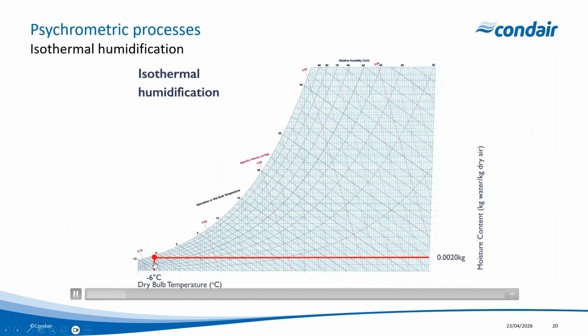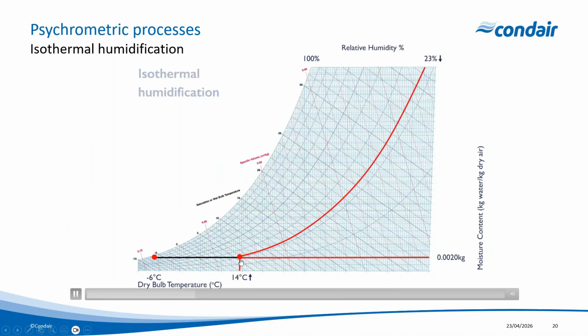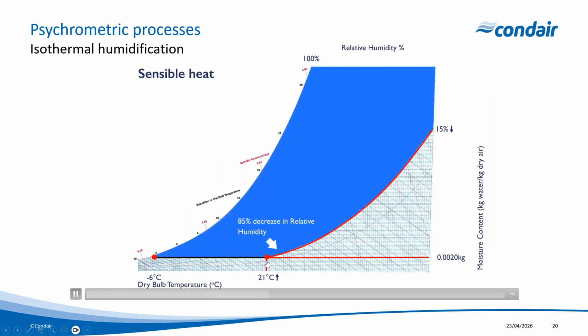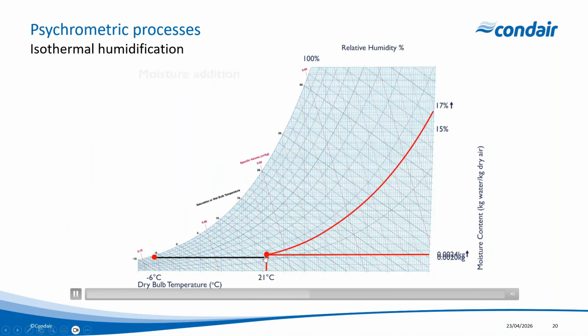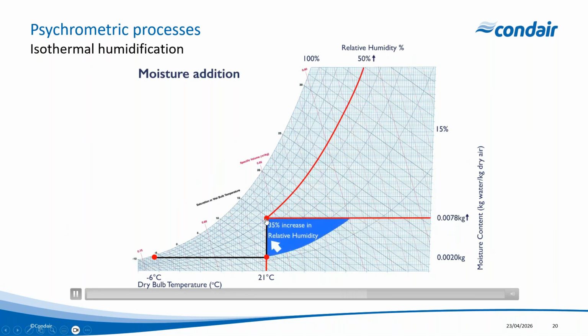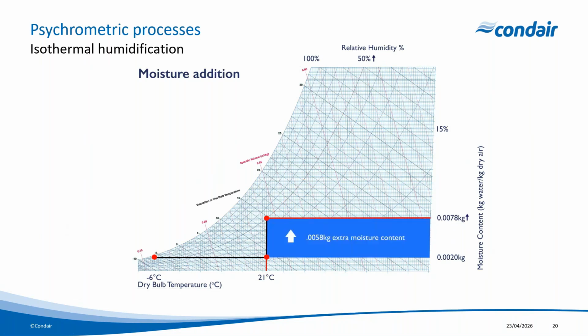If we take that air from -6 saturated and we heat that air up sensibly up to 21 degrees C, we've increased the temperature, or dry bulb temperature, but we've decreased the relative humidity from 100 to 15%. Then we isothermally humidify to increase the moisture content and relative humidity.